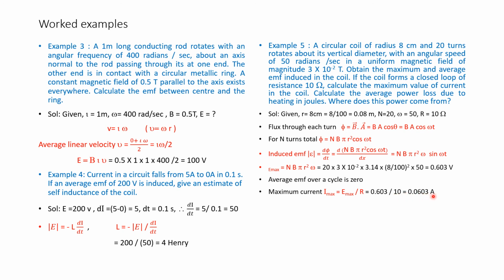It is also given by I square R, where I is 0.0603, into R. The induced current causes a restoring torque in the coil. An external source, that is a rotor, is responsible for supplying the energy. So, in an AC generator, the external source supplies the energy.